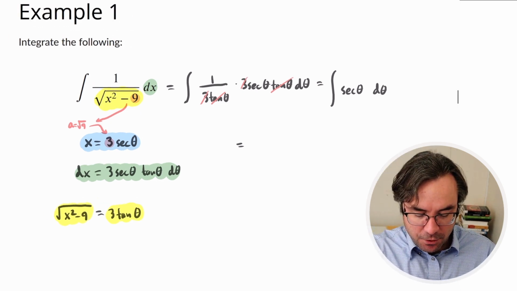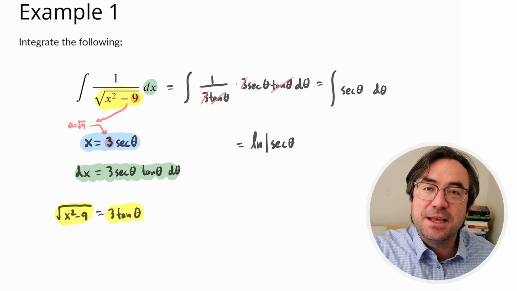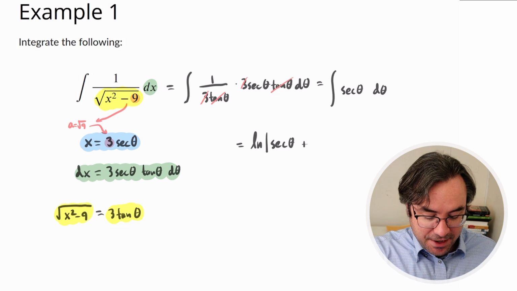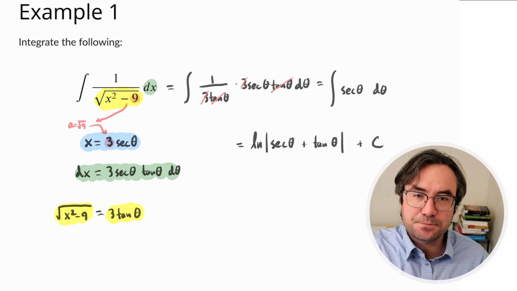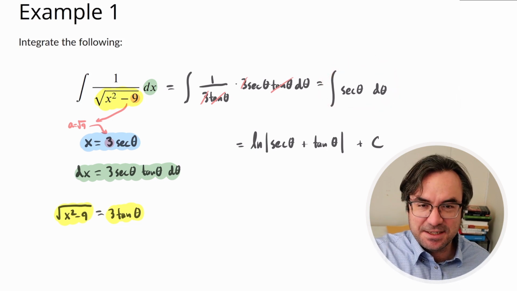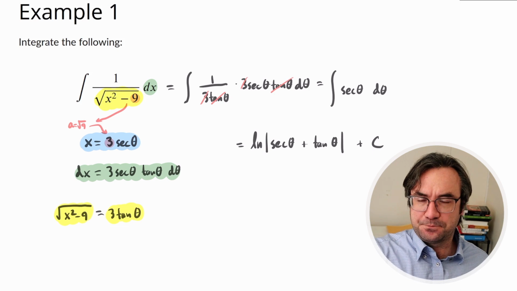This is one that we don't normally go through the full integration. So the integral of just secant is the natural log of the absolute value of secant theta plus tangent theta, and then we got our plus c. So just be aware that this is something you would just have the formula for.